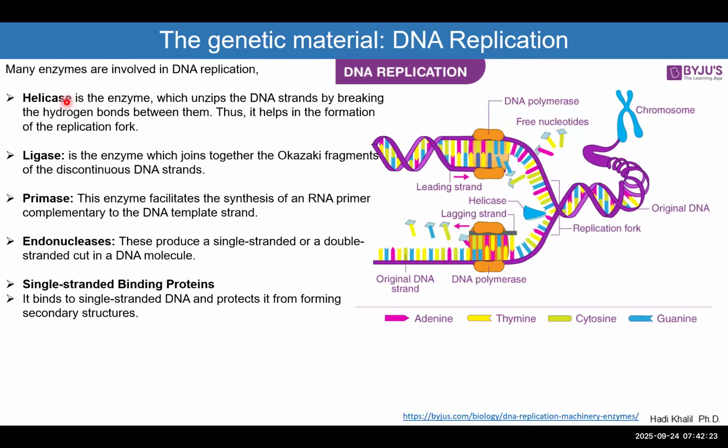Like we described helicase, we described ligase, because as I said, ligase has an important function. Say that this lagging strand starts polymerization here, it has to go that way. The problem is the replication fork is moving that way. Therefore, there will be an empty spot here that this polymerase cannot go back to.